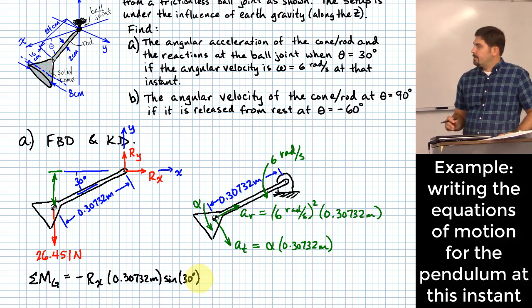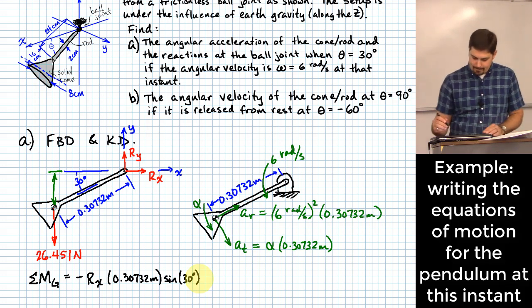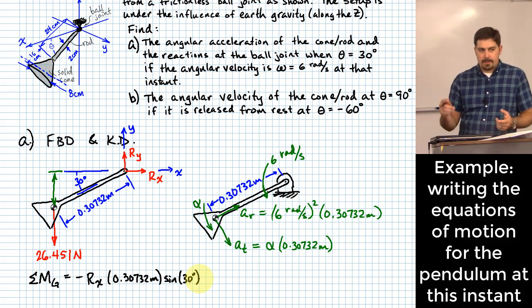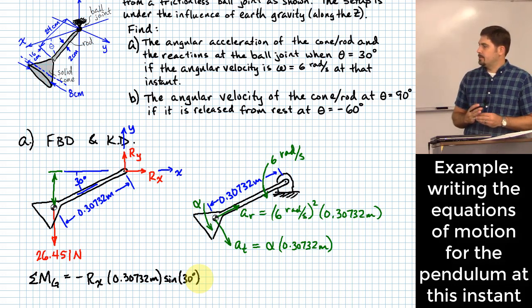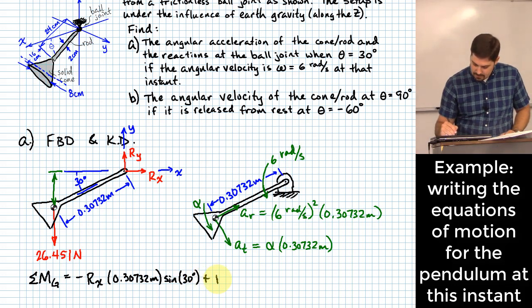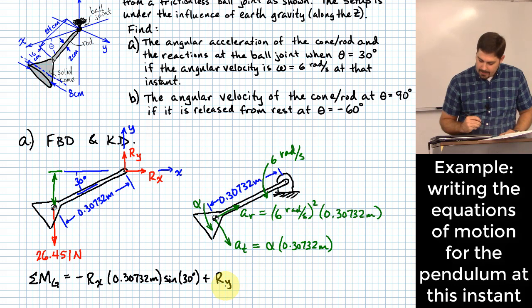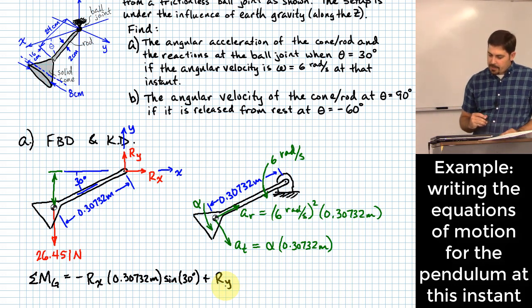All right, what about Ry? Does it make a clockwise or counterclockwise tendency to rotate about the CG? Okay, counterclockwise, so I would add Ry. What's the length of it away from the CG?